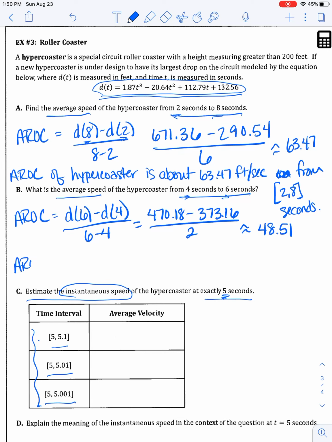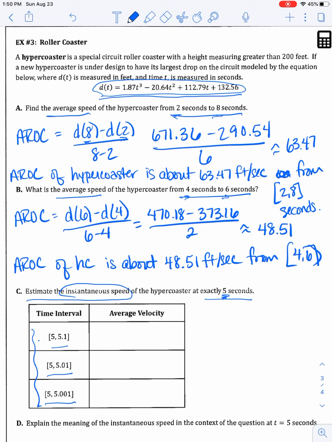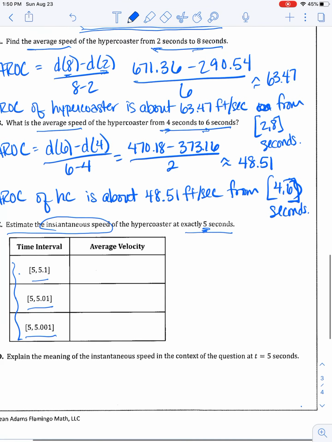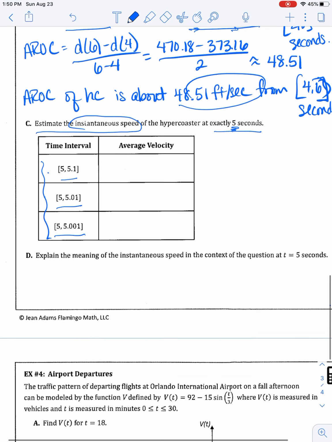So I can say that the AROC of the hypercoaster is about 48.51 feet per second from 4 to 6 seconds. Okay. So let's see, we went from 63.47 feet per second. We're down to 48.51 feet per second.